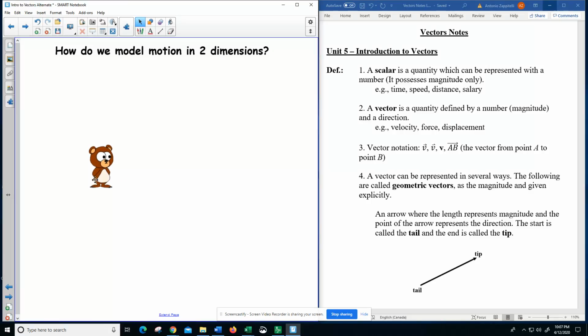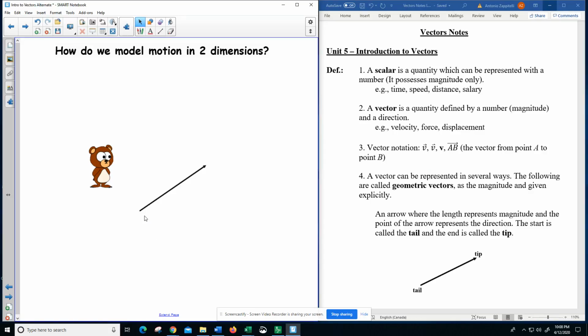All right, and a very typical way of doing that is using the idea of an arrow. Why is this a good way to describe something which possesses both magnitude, a scalar component, and direction?